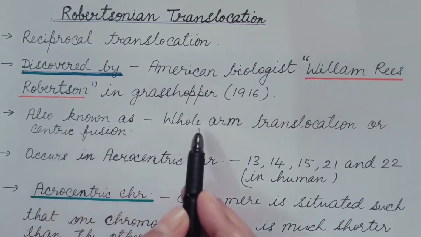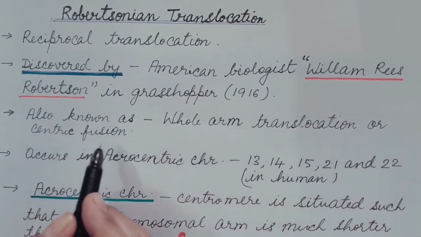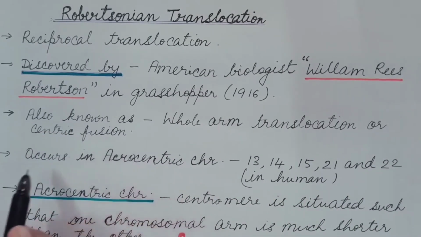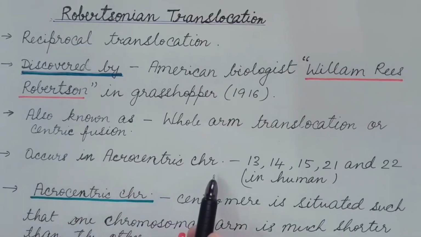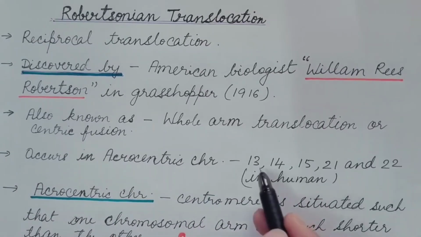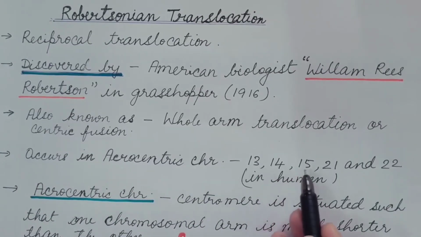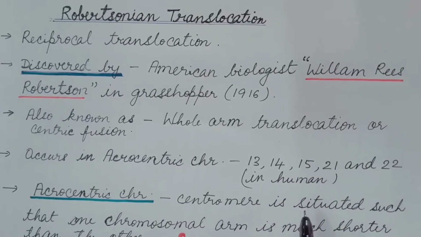It is also known as whole arm translocation or centric fusion. It occurs in acrocentric chromosomes. In humans, chromosome numbers 13, 14, 15, 21 and 22 are acrocentric chromosomes.